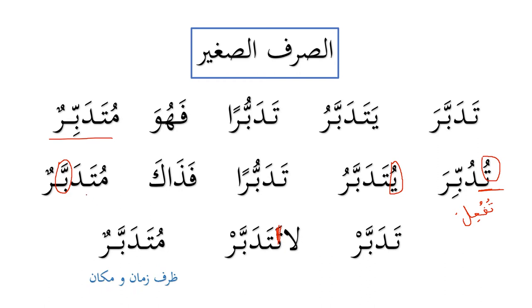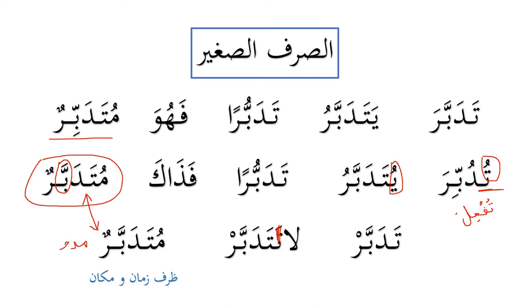So we have discussed that whenever we need dharf zaman or makan, basically in the derived forms, the ismul maf'ul performs the function of dharf zaman or makan. Like we have learned mudkhal, mukhraj.